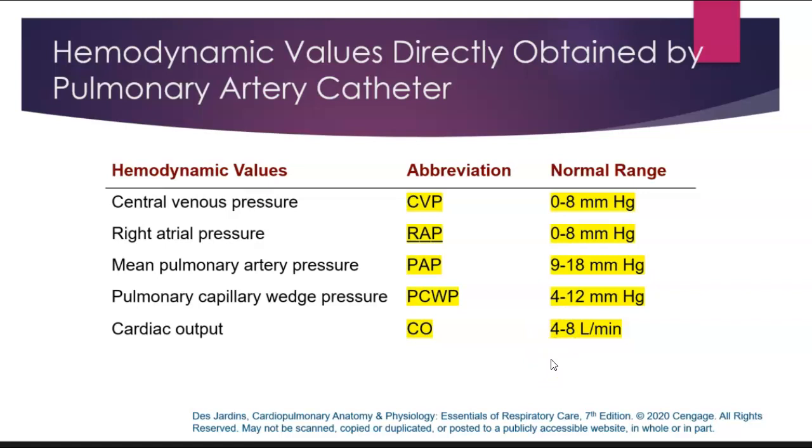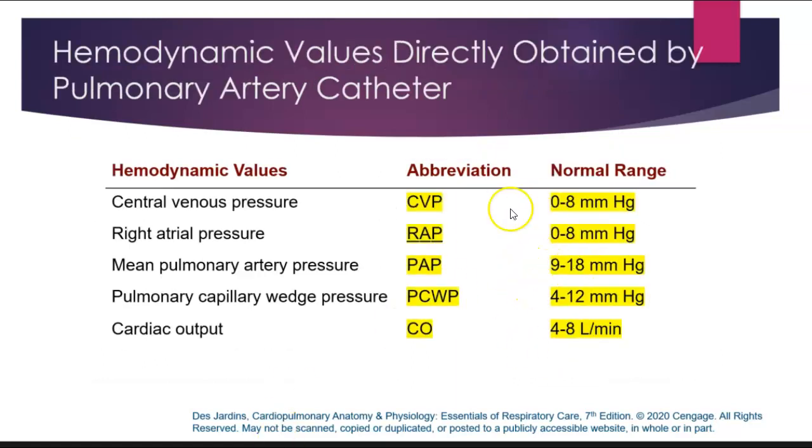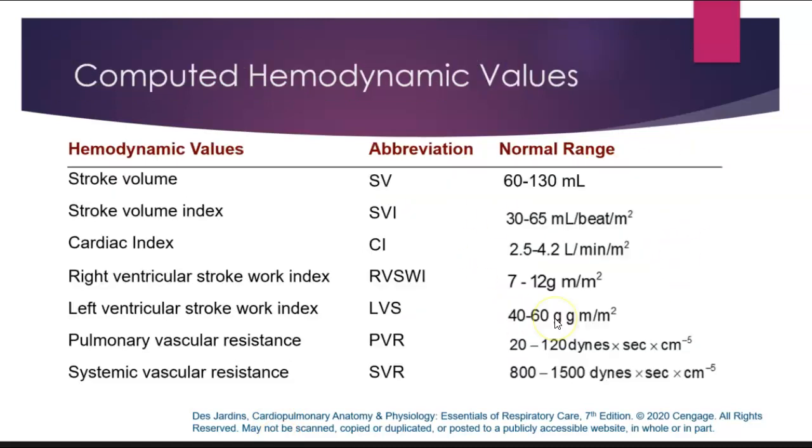That's the big goal right now for you with your first foray into hemodynamics: making sure you understand normal values a little bit. There are at least 2 questions on the exam that ask you this directly, so I would know my normal values. There are also some computed hemodynamic values that we calculate based off of the values we directly measure.